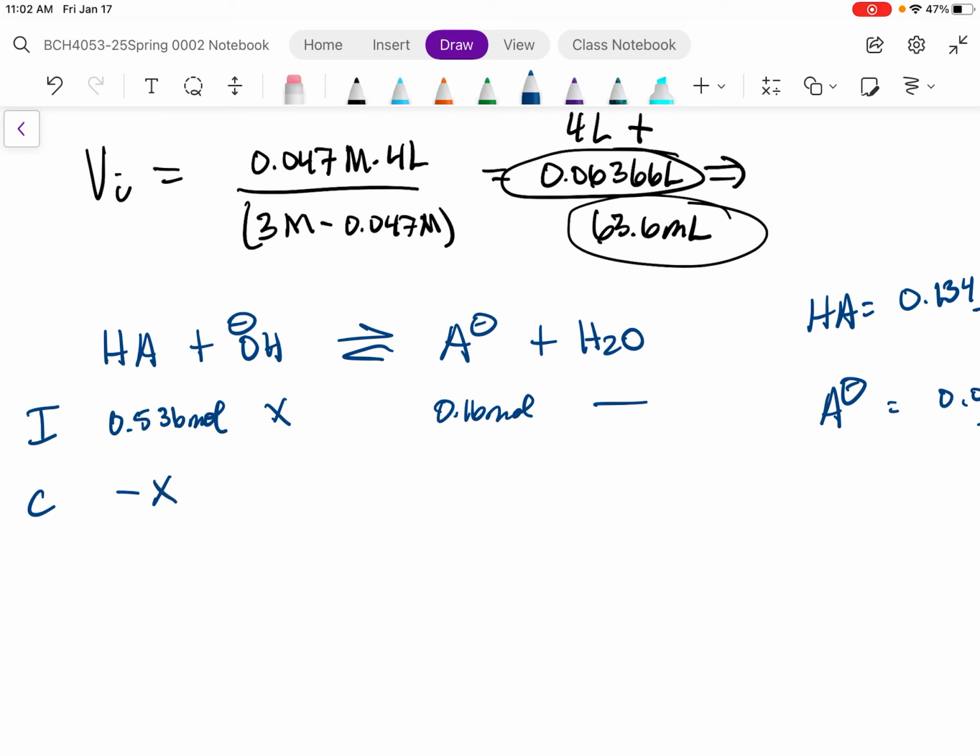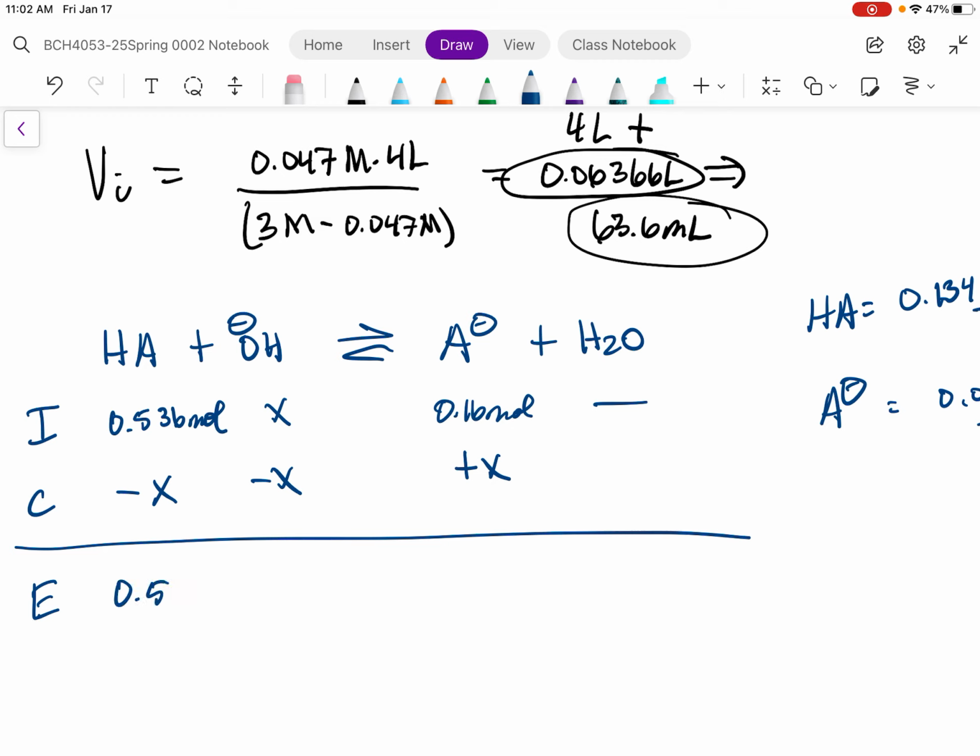We're going to use hydroxide to deprotonate the acid, and we're going to gain an acetate. When we look at equilibrium, we have 0.536 moles minus X, with 0.16 moles plus X.